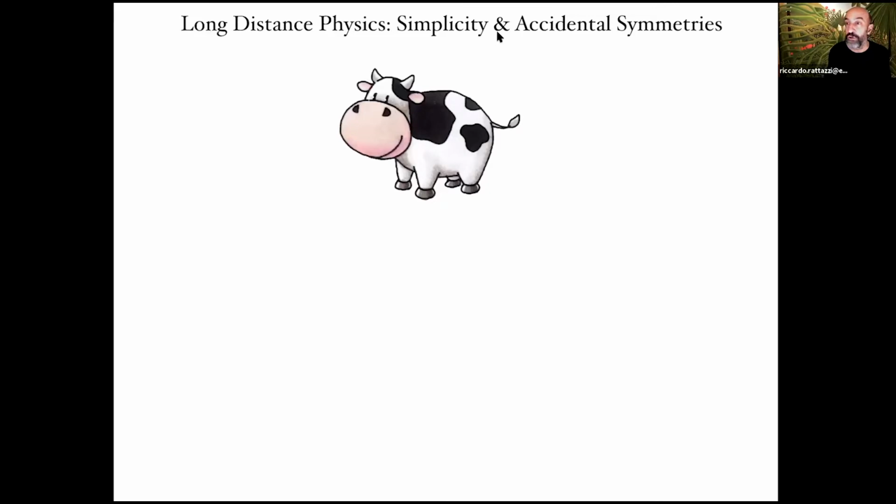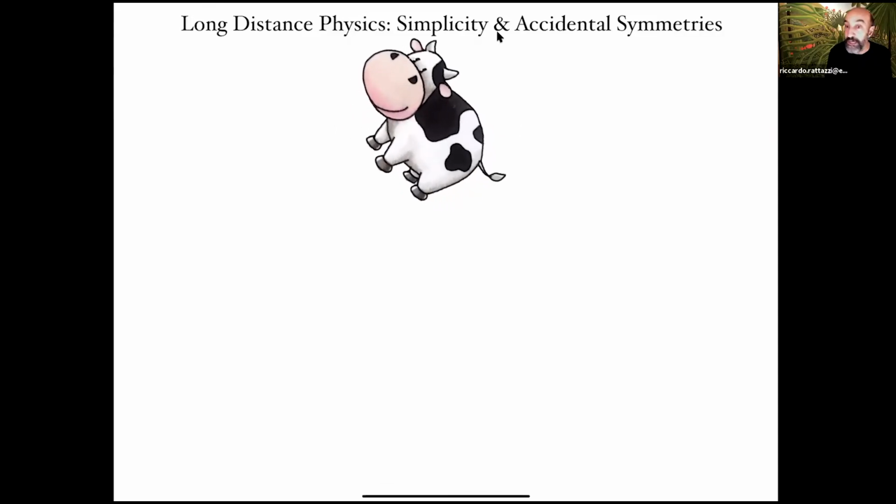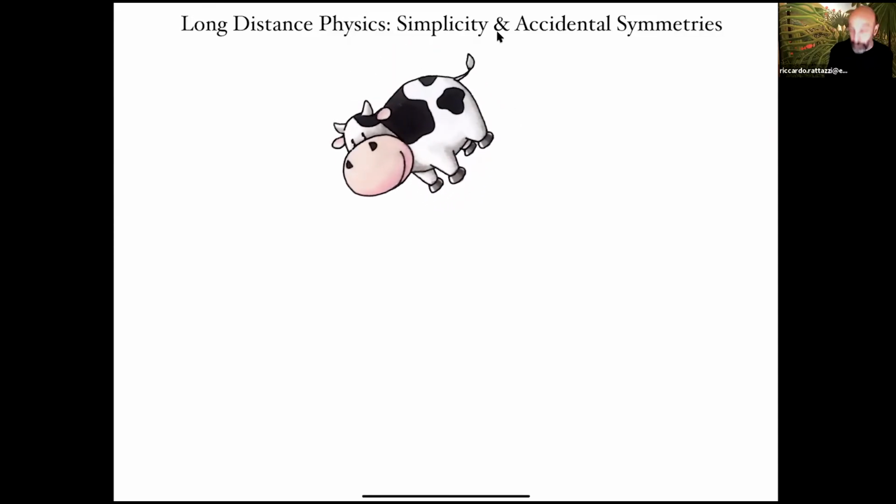If you take the cow and rotate it, or if you rotate with respect to the cow, you see that the cow changes, because the cow has horns and a tail, and if you rotate it 180 degrees, the tail ends up where the head was. The fact that we see a difference when we make a rotation is associated with the fact that the cow is not invariant under rotations.